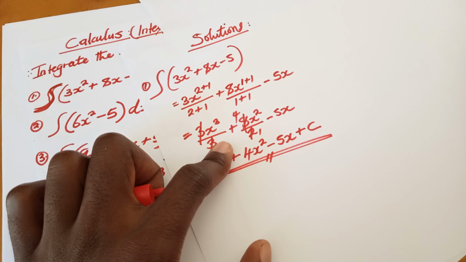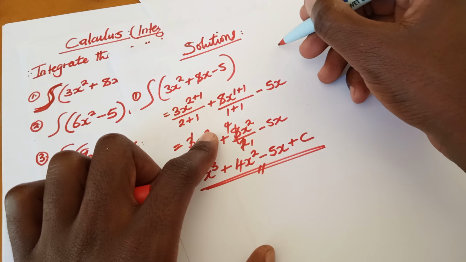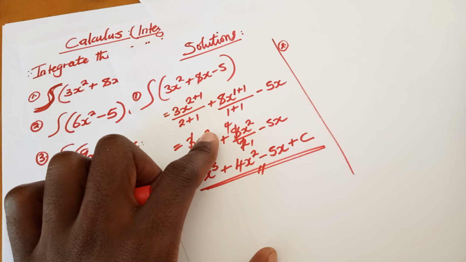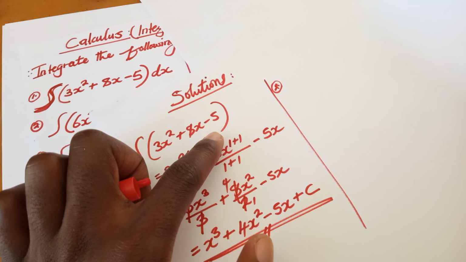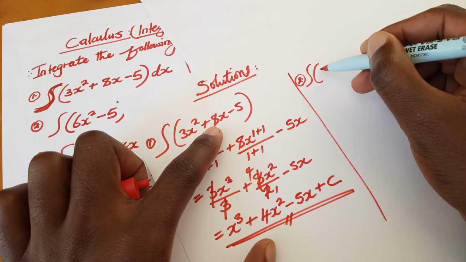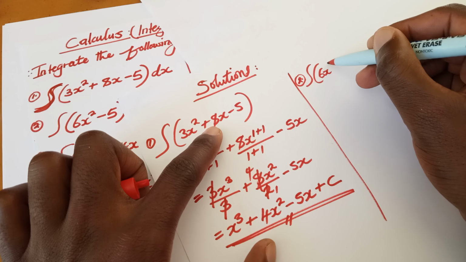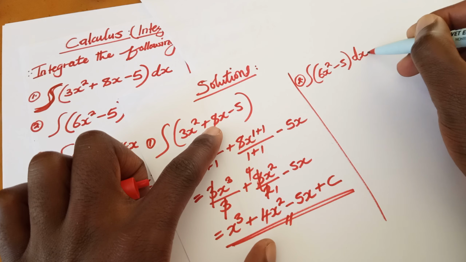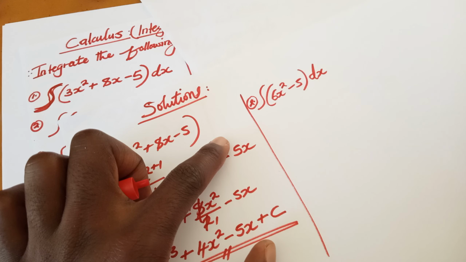Let's go to number 2. By the time you reach example number 4, you are going to get it. Number 2 says we integrate 6x squared minus 5 dx.